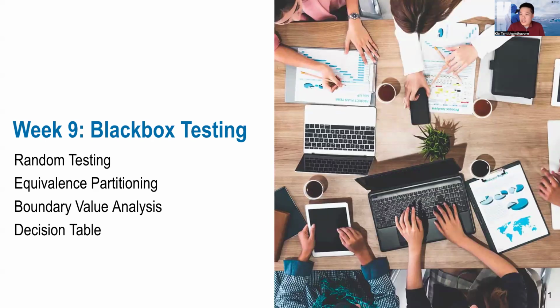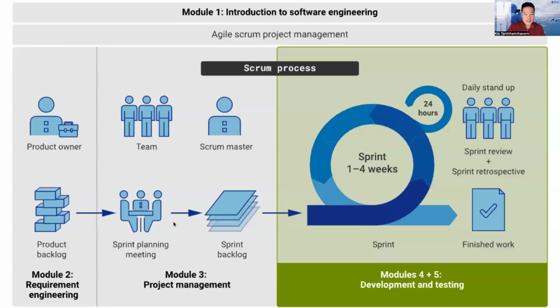So there are a bunch of techniques based on the given software and the given requirement specification. How should we create the test cases based on that kind of requirement? We're going to cover that topic. How can we test the software without knowing what is actually inside the code? That's the point.